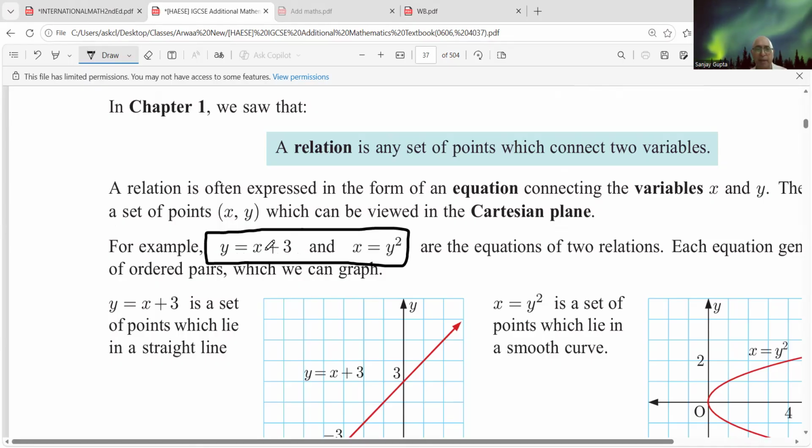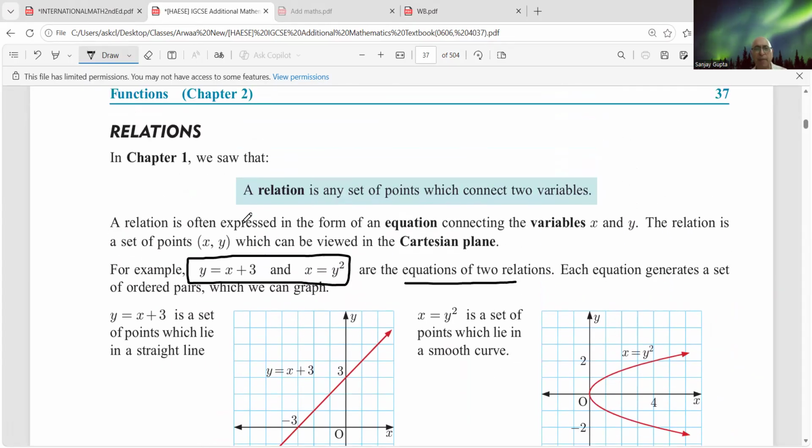That means if I say x is 5, then y would be 5 plus 3, which is 8. Another relation defined here is x equal to y squared. So if x is 9, then y square is 9, and therefore y is plus 3 or minus 3, the square root of 9. These are equations of two relations. This can also be plotted as a graph.